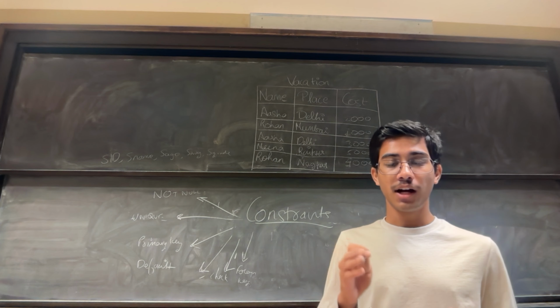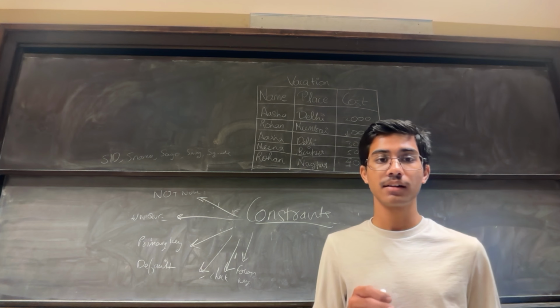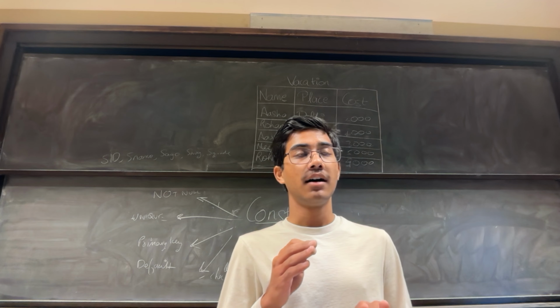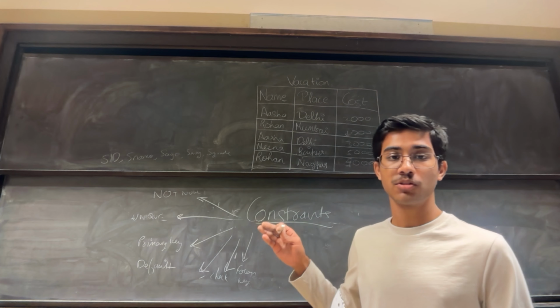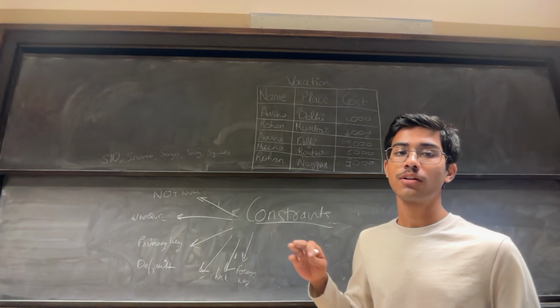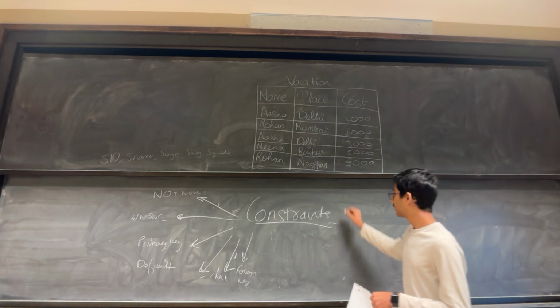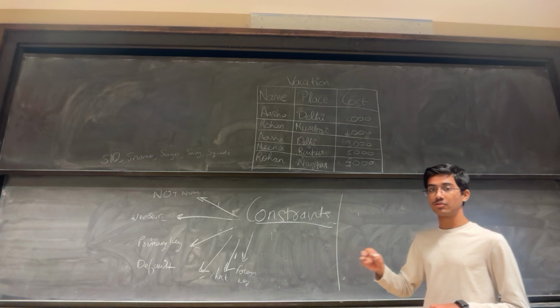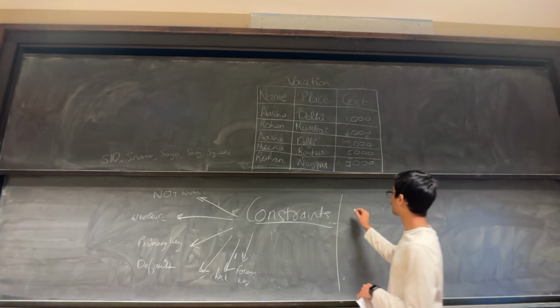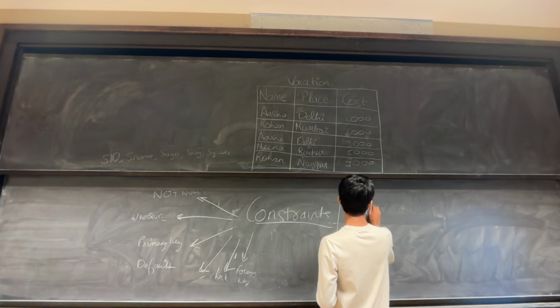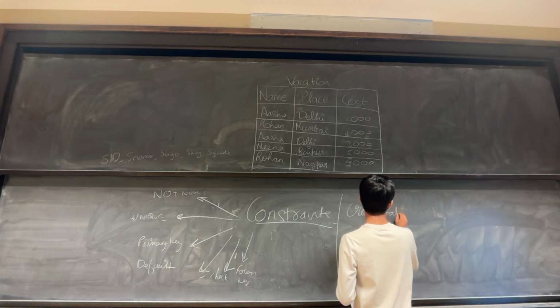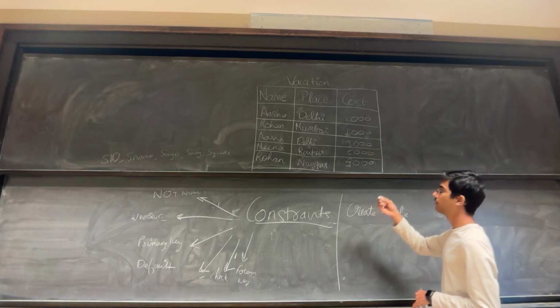So if I wanted to say that when you are entering the information of a new student, you cannot have the name as null or blank, I can do that when I'm creating the table. So remember, how do we create a table? We write create table and then the table name which I want is student.